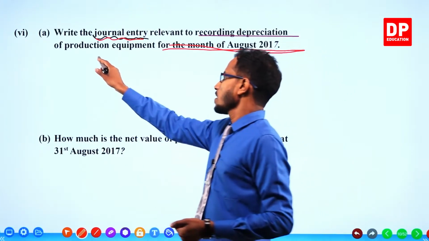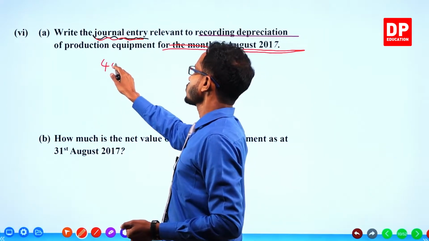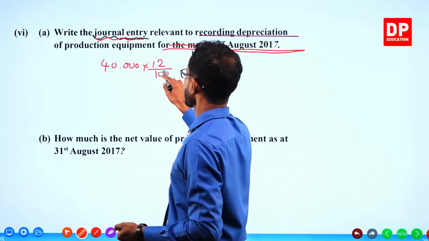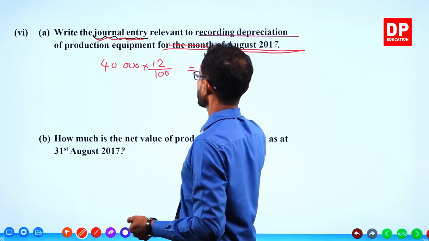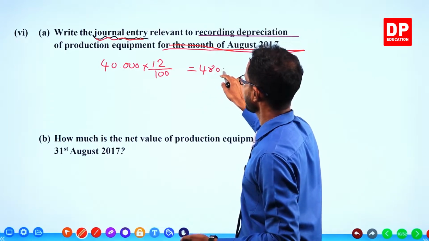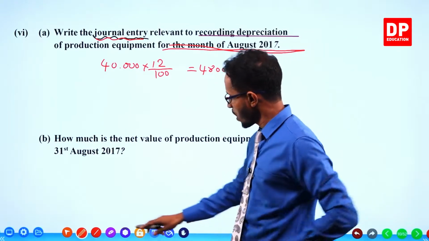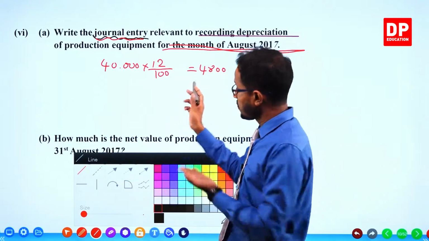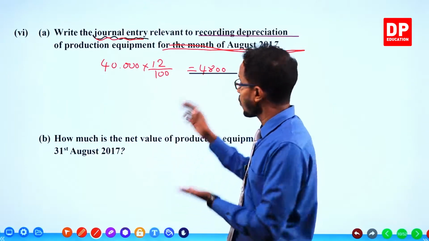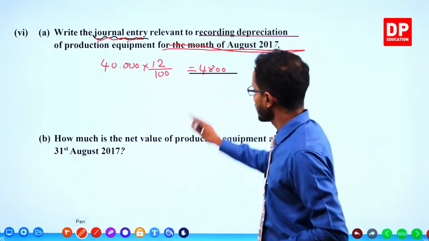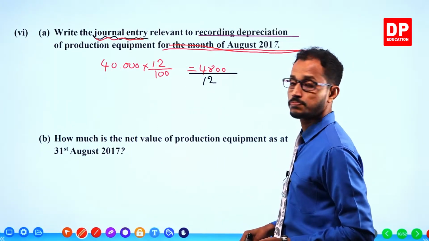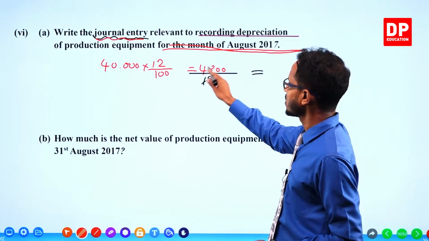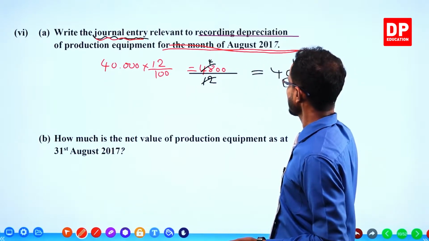So 40,000 into 12%, you get 4,800. That should be divided by 12, the depreciation for the whole year divided by 12. Then the answer again is how much? 400.